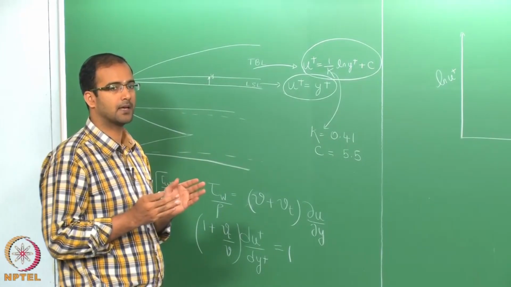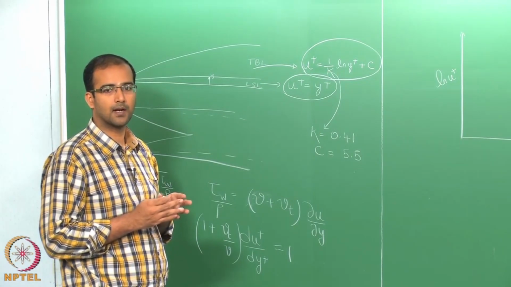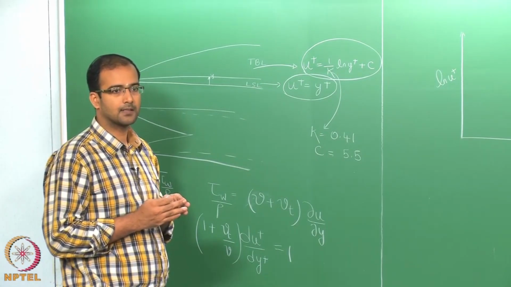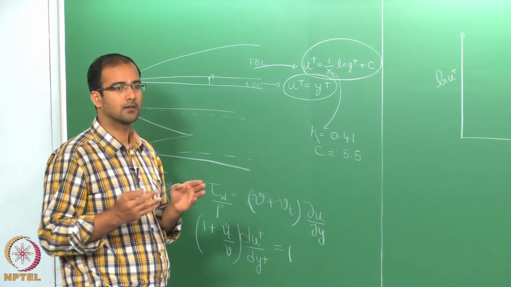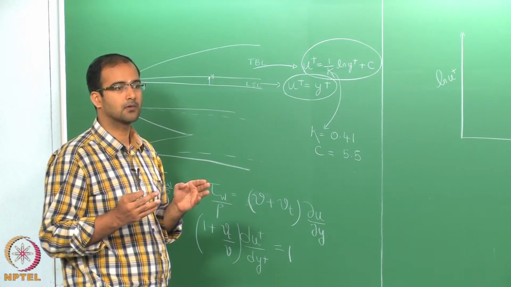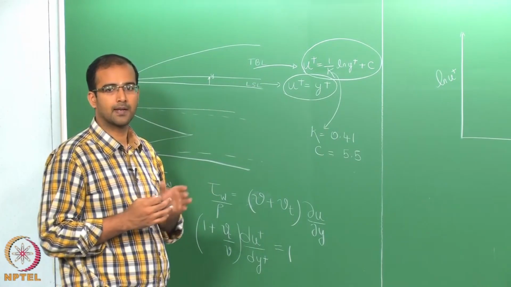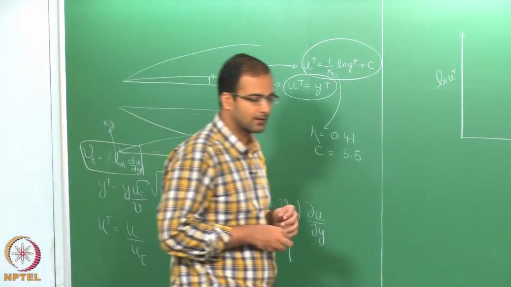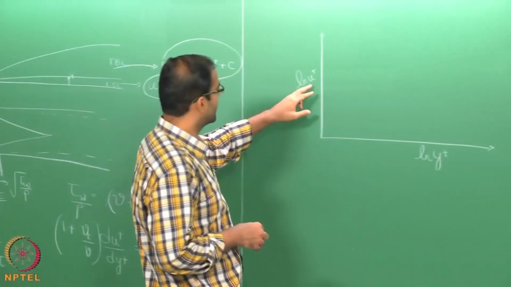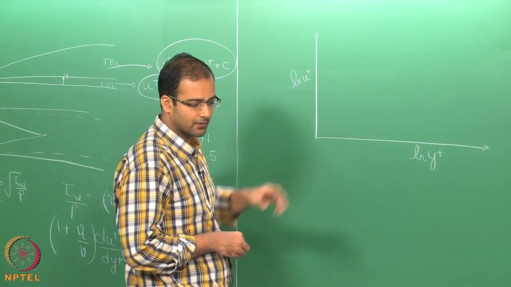Within the laminar sublayer, the order of y plus is around 1, whereas in the turbulent boundary layer it can extend up to a y plus of close to 1000 at the edge of the turbulent boundary layer. So therefore 3 orders of magnitude we cannot plot on a linear scale. So we have to use a log scale to plot this, and similarly the variation of u plus also will be quite significant.